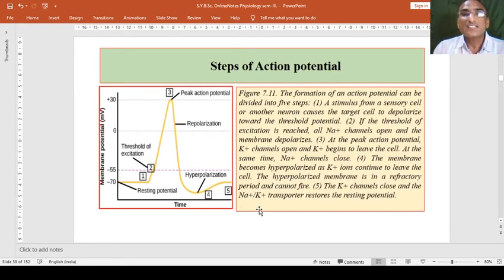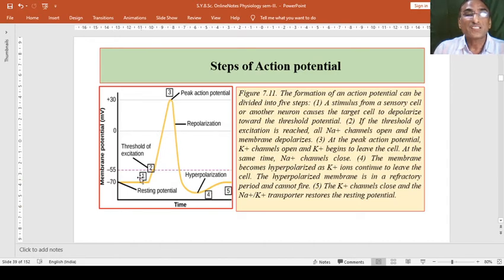Now, the action potential we have seen and observed in the nerve axon or membranes. Here in the twitch or graph, this is how it is recorded or observed. In this figure, you are observing points 1, 2, 3, 4 and 5.